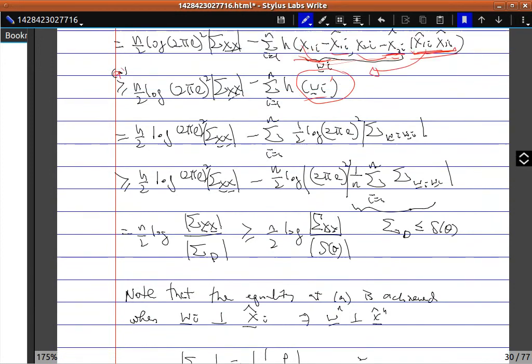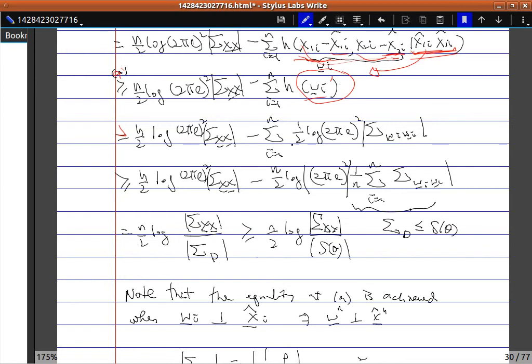So, let's see, where are we? We are here, and then actually this is bigger than or equal to, because you want it to be Gaussian.